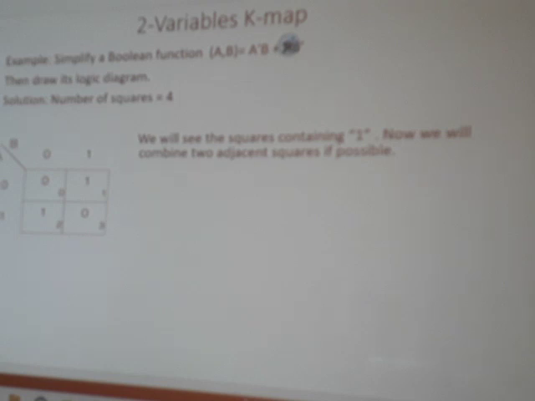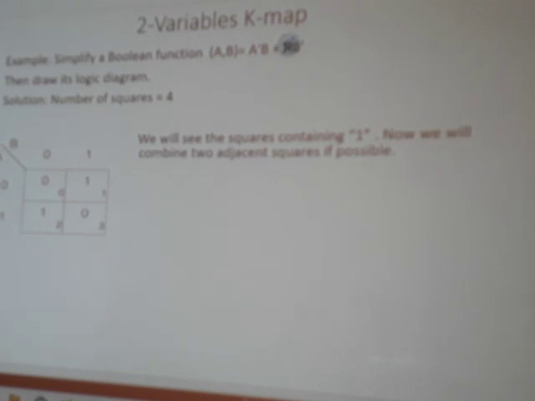So now we will consider the adjacent squares. If two squares are adjacent, then we can combine them, and two squares are said to be adjacent if only one variable changes when we move from one square to the other. Clearly, in this K-map, we don't have any adjacent squares, so we cannot combine them.